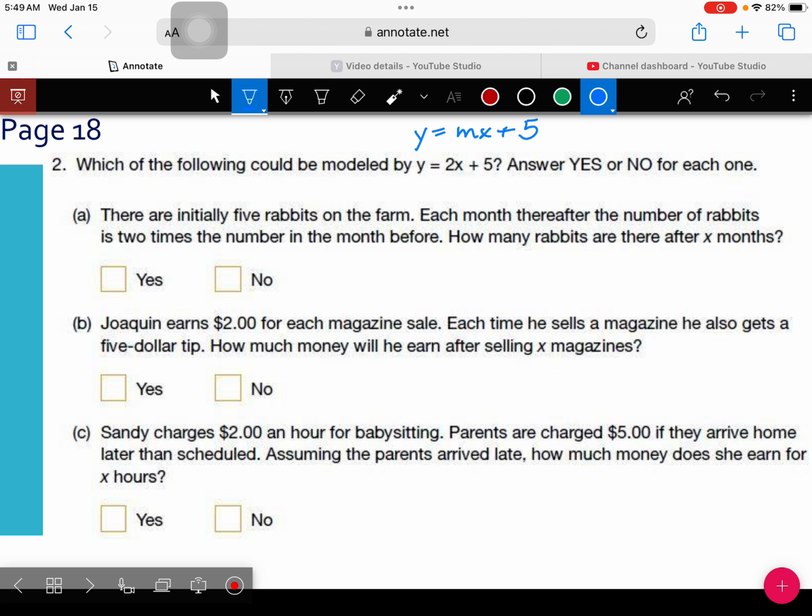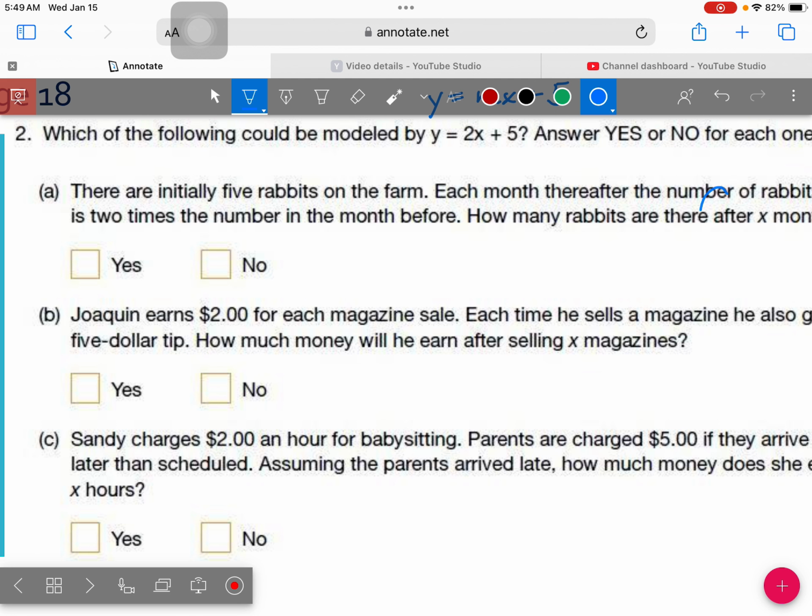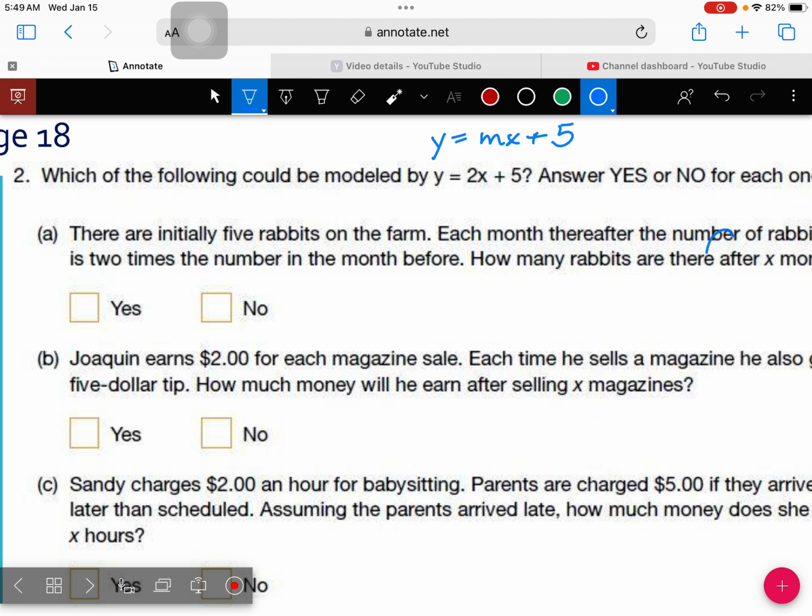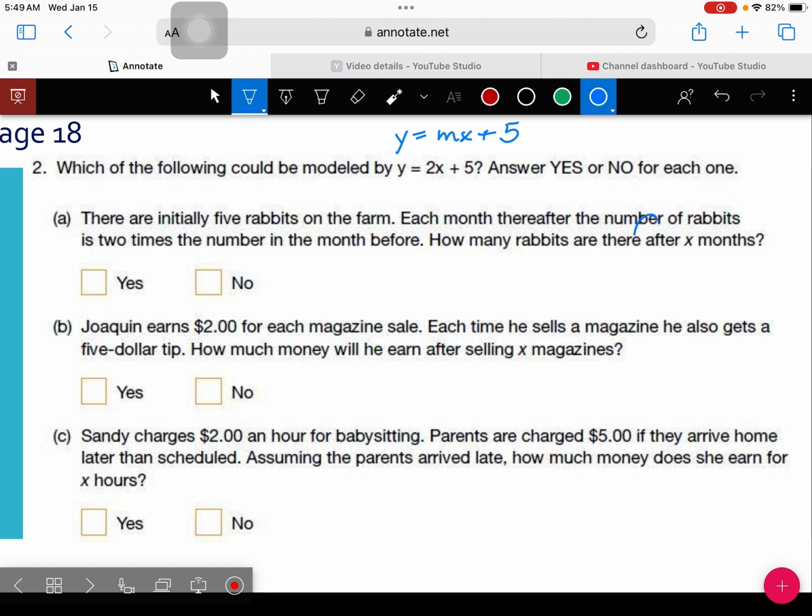Answer yes or no for each one, and then if it does not seem to match, then can we write a new one? So letter A says, there are initially 5 rabbits on the farm. Each month thereafter, the number of rabbits is 2 times the number in the month before.